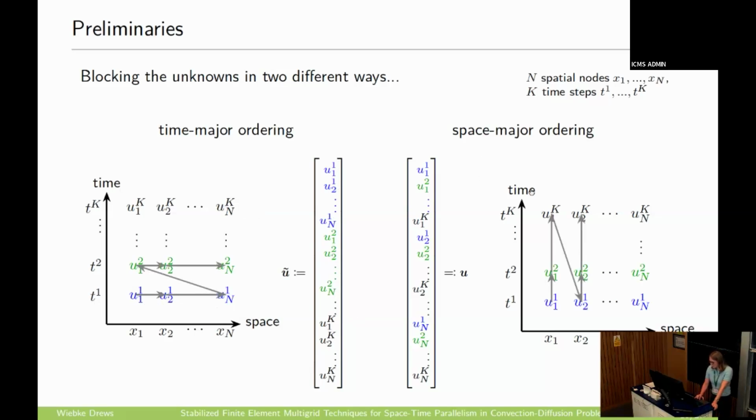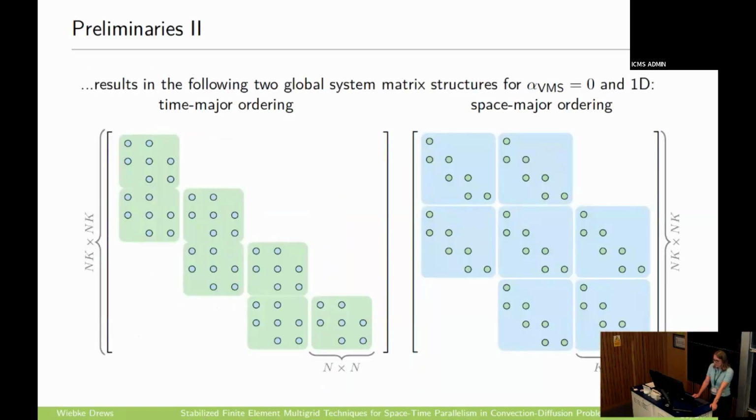If we do it in another ordering, where we first look at the first spatial node and all time steps, then go to the second, we like to call it the space major ordering. And the system matrices then result in these structures.